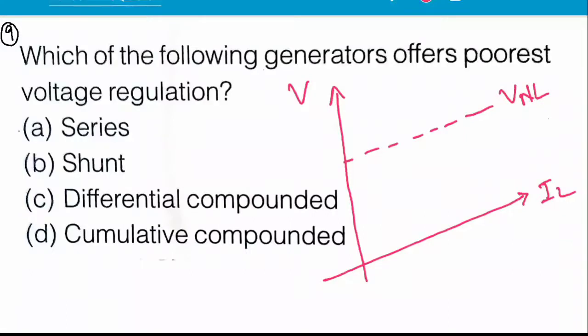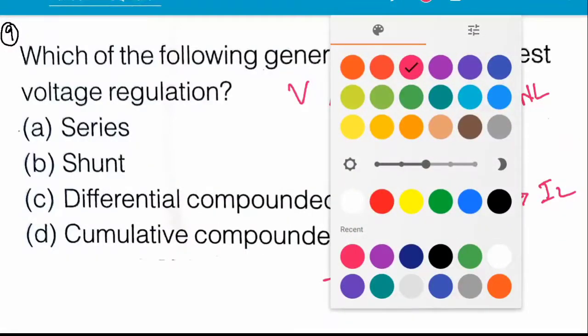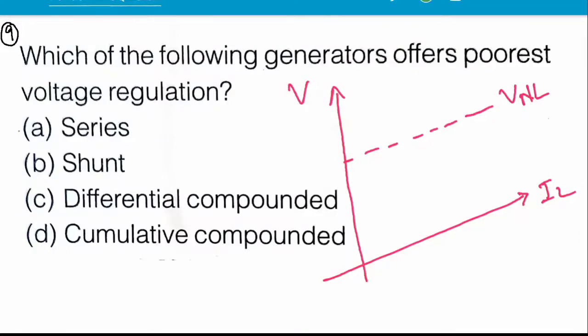Then for differentially compounded, the plot will be like this. So after this point the voltage decreases, so this gives the poorest voltage regulation. Differential compounded.